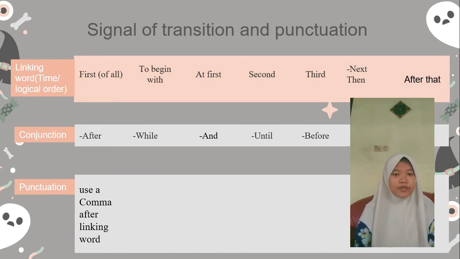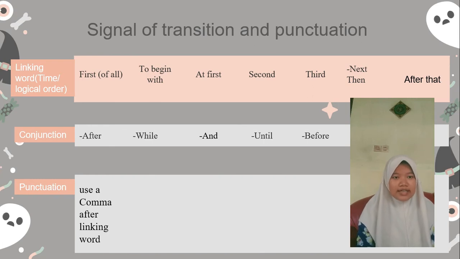Okay, we will begin with linking word. In process paragraph, the linking words that we usually use are time logical or time order, like first of all, first, to begin with, at first, second, third, next, then, and after that.